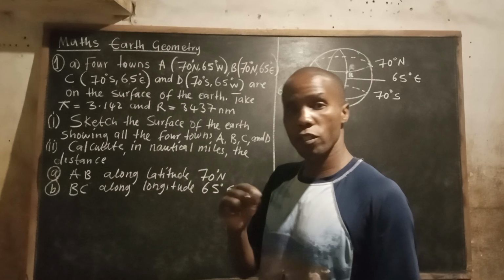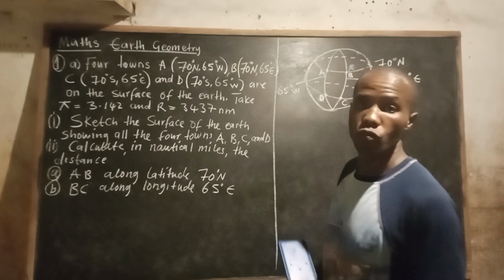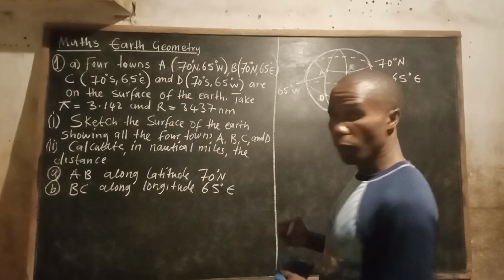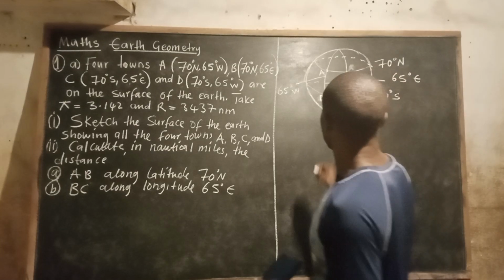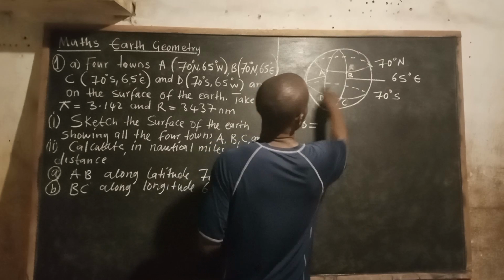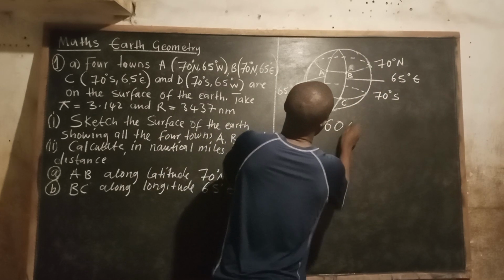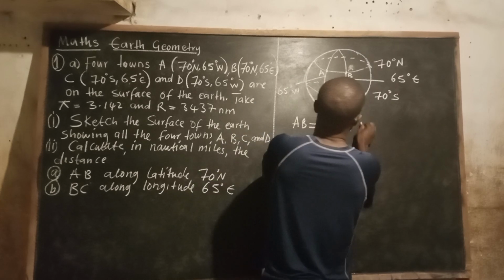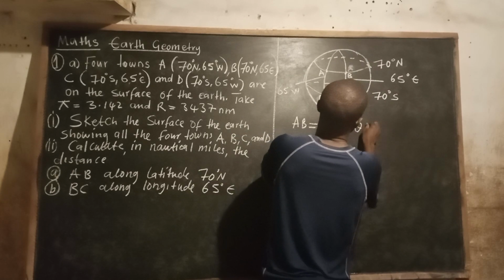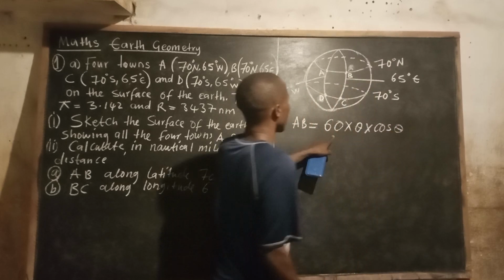The other one which I did not teach you is the one that I'm going to introduce today so that you know both. So now, for you to know this distance AB along that latitude, we are going to say 60 times theta times cos theta.